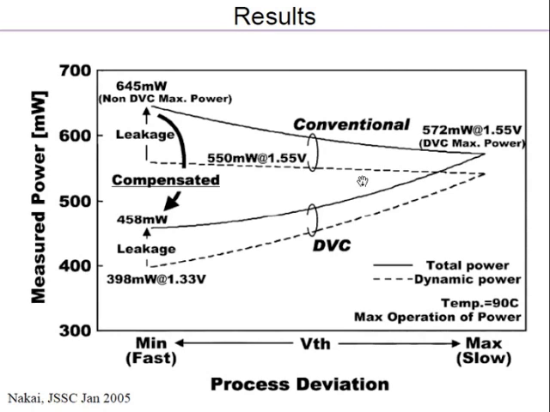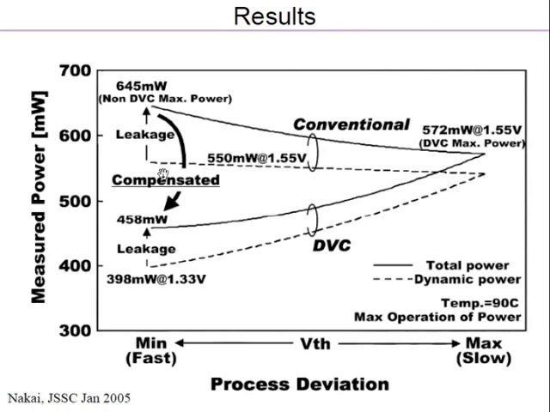But suppose they turn on this critical path model and this feedback system, then what they find is that at slow I still need to run at 1.55 volts. I cannot change that. For the slow process you have to put 1.55, and it will burn 572 milliwatts. But at a fast corner, you see the voltage they are using is 1.33 volts. The thresholds are smaller, and the system is able to dial down the voltage, and so they are able to save dynamic as well as total power.